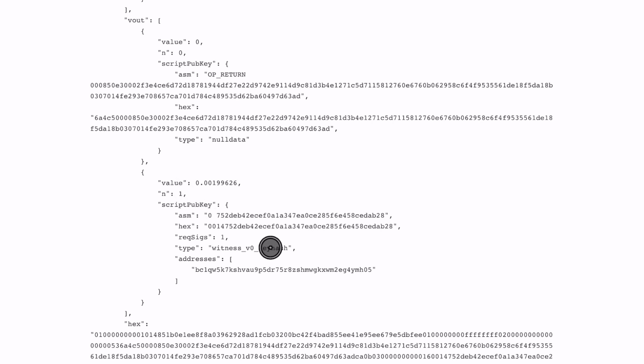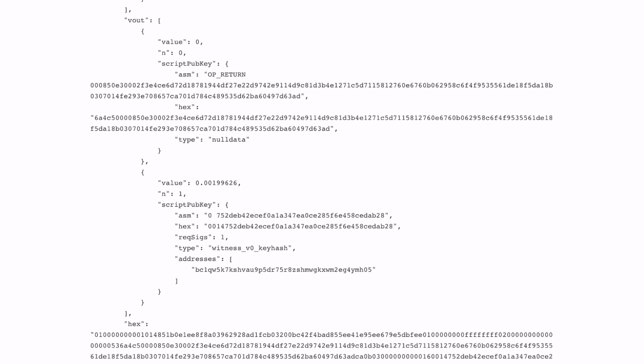Here you can see the type is witness v0 key hash, and the script public key field, by the BIP 141 definition, should be just 0 and the witness address hash.